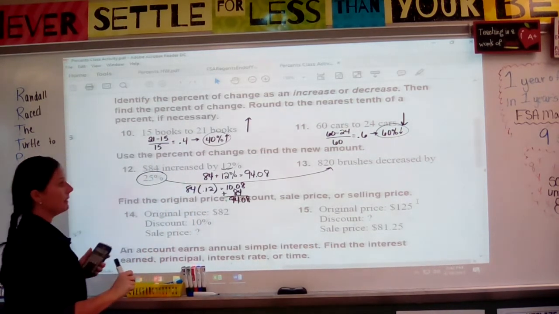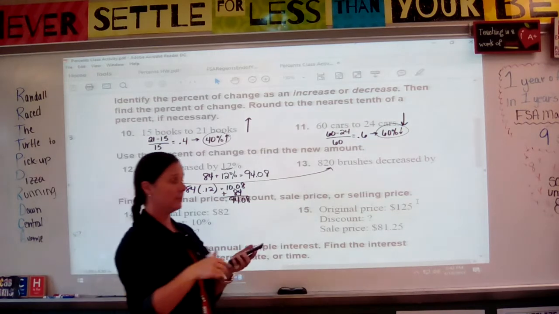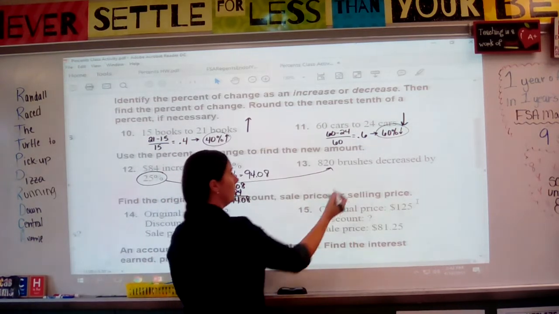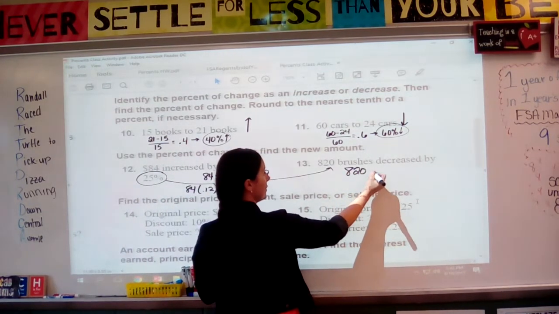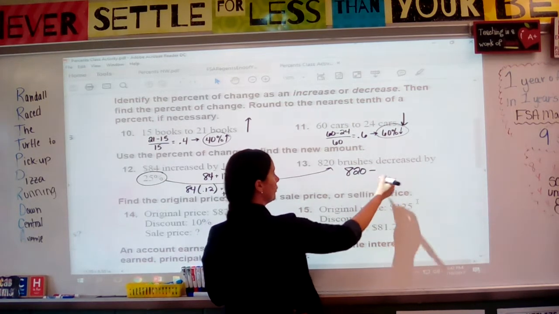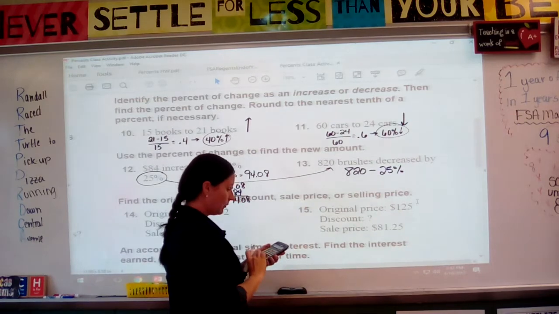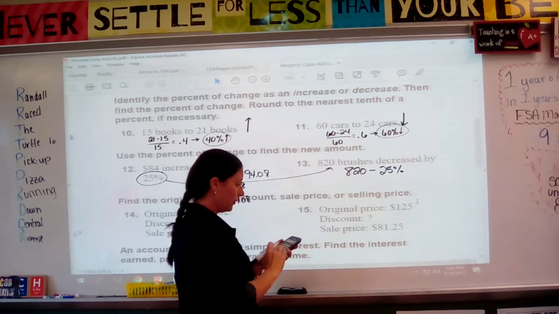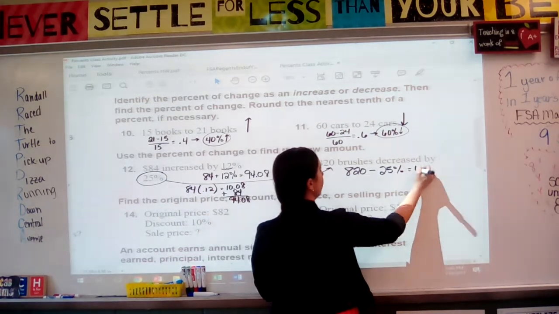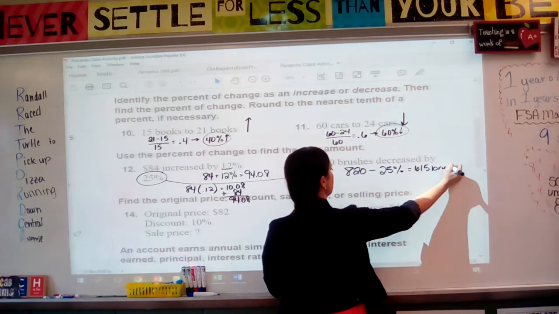820 brushes decreased by 25%. Decrease means it's going down. So if you're using our calculators that we will be using on the test, it'll be 820 minus 25%. So 820 minus 25% will give you 615 brushes.